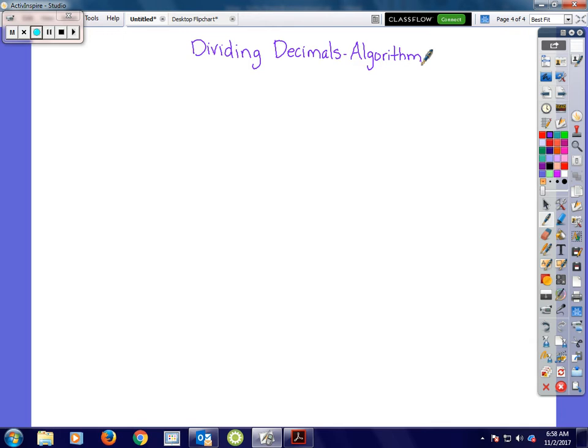We just have to either do one little thing with the decimal or move it over. So we're going to do it two different ways. The first way is if there's no decimal in the divisor, and the second way is if there is a decimal in the divisor. So let's start the first way with no decimal in the divisor.